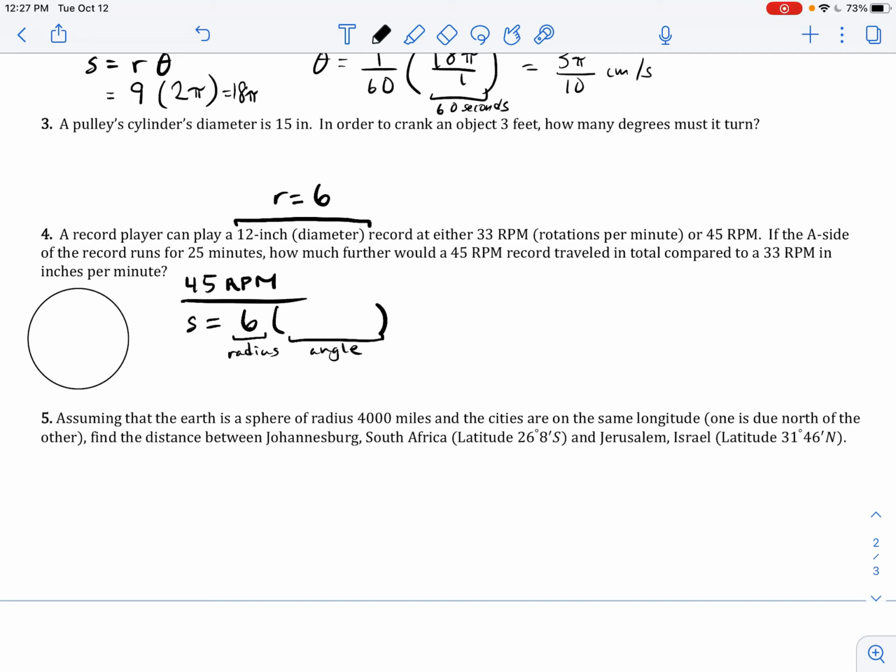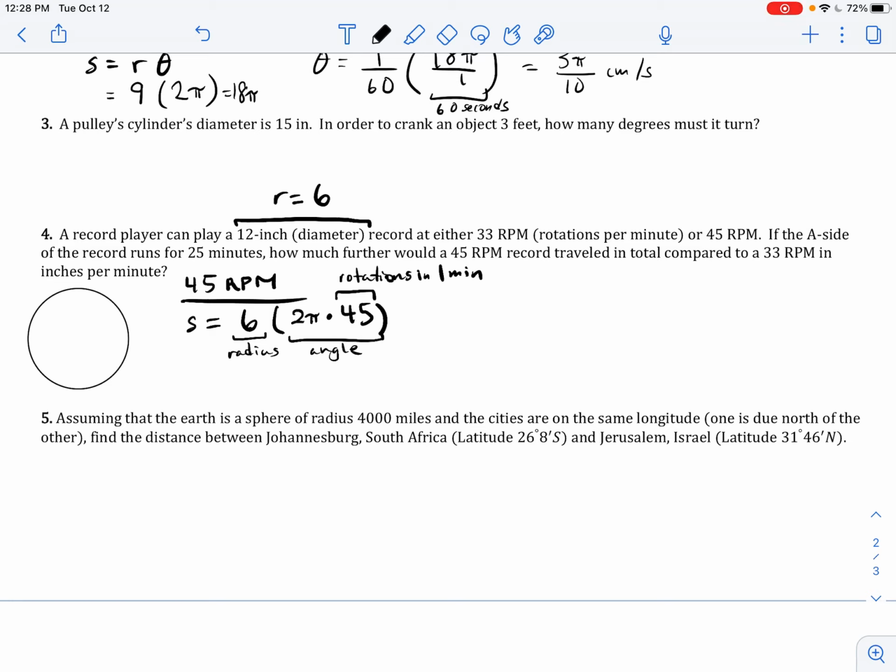Well, we know that in one rotation, the angle is 2 pi. But how many rotations were there in this 1 minute? There are 45 rotations in a minute. So over the course of an entire minute, 45 times 2 pi, that's 90 pi.